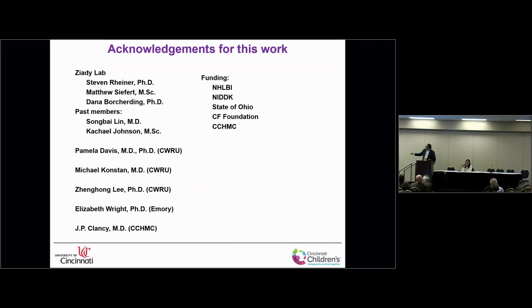And then the collaborators are Pam Davis and Michael Constant. They did the clinical trial, and I trained in Pam's lab, by the way. And then Shenghong Li for the imaging studies, Elizabeth Wright at Emory for the EM studies, and J.P. Clancy at Children's for a number of other studies that I actually didn't get into, but we're doing some clinical studies now at Children's, and J.P. is part of those. And there's the funding, so thanks.